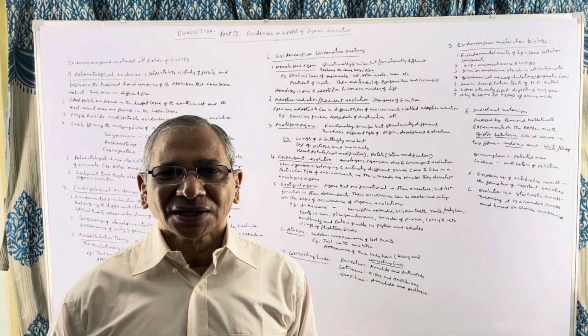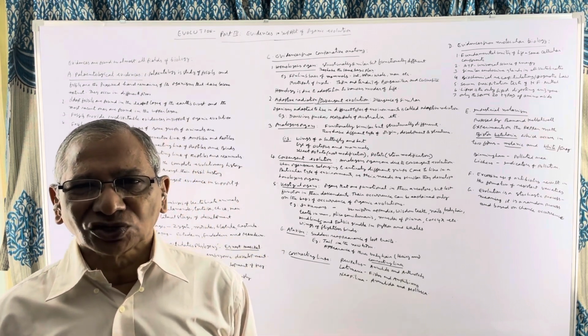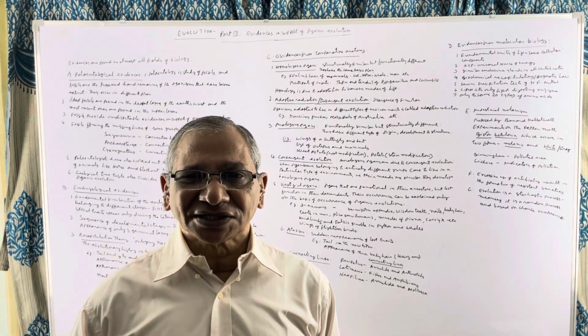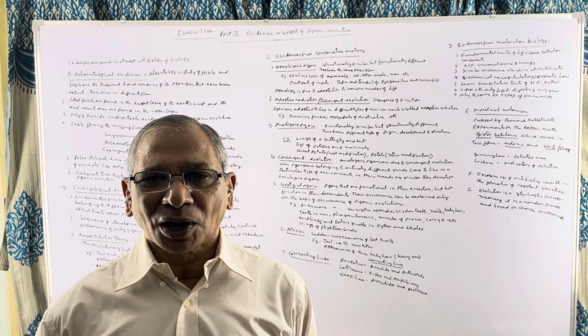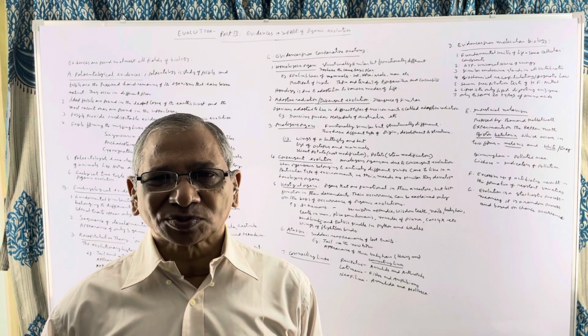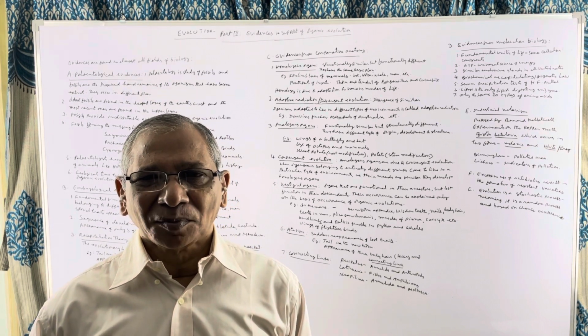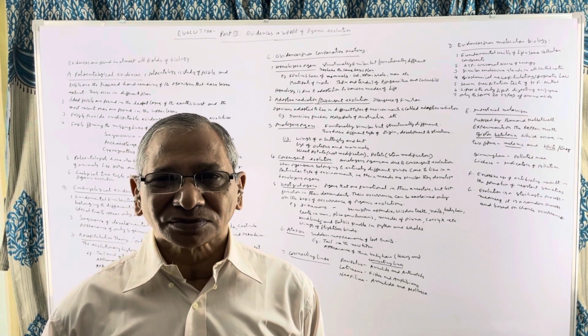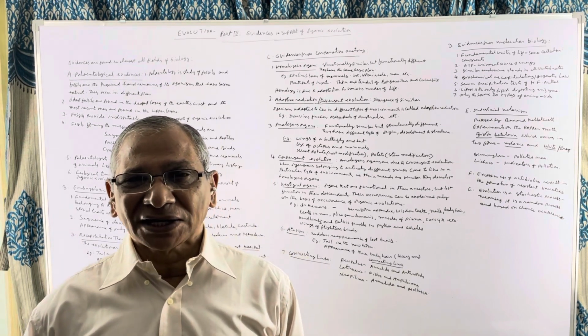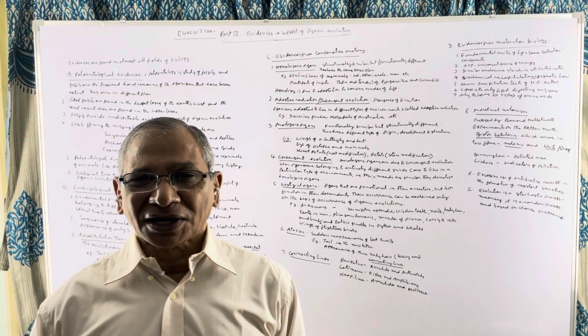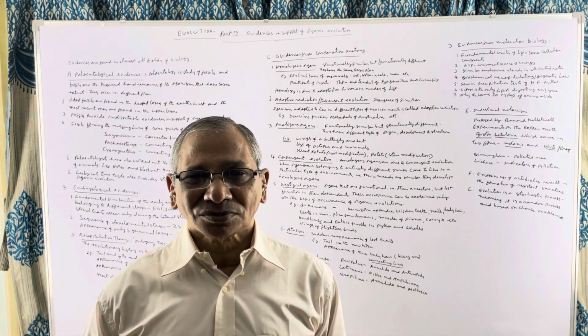Then, in all the animals, the zygote undergoes divisions known as cleavages. Cleavages produce morula. Morula develops into blastula. Blastula develops into gastrula. Gastrula develops the three germinal layers, ectoderm, endoderm, and mesoderm.